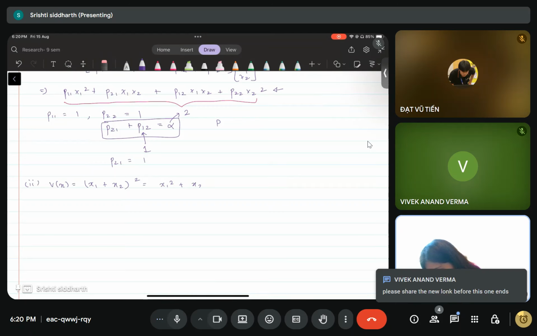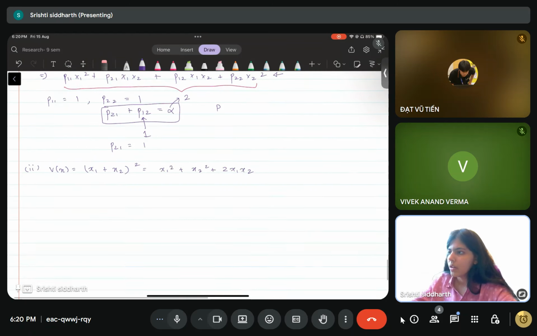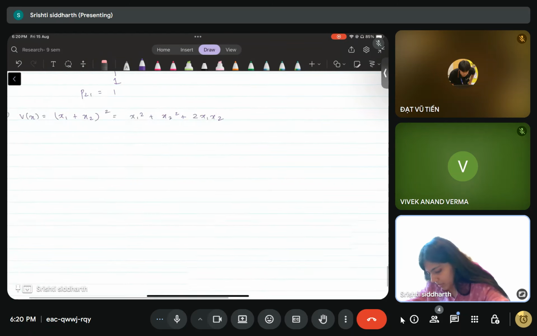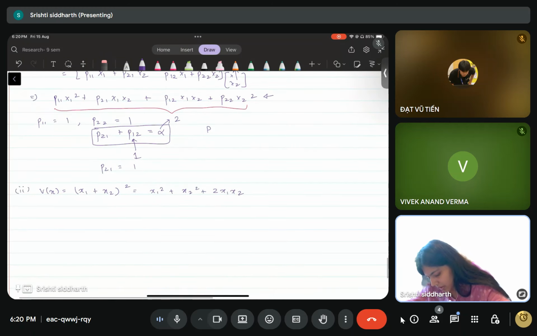It is x1 squared plus x2 squared plus 2 x1 x2. Alright, so we have to comment on whether this V(x) is positive definite or positive semi-definite.